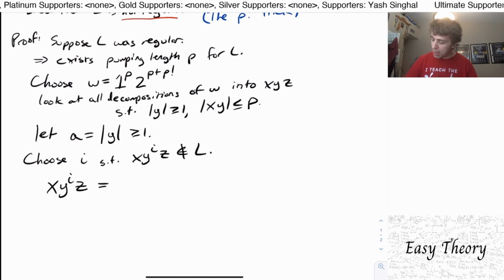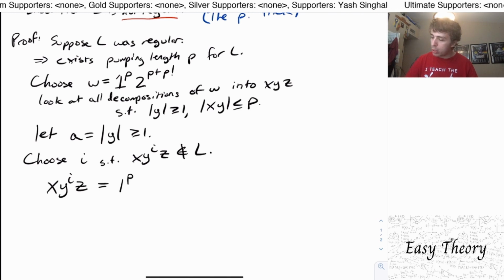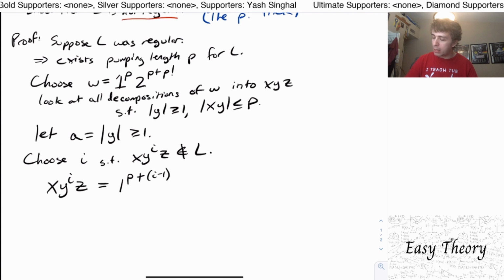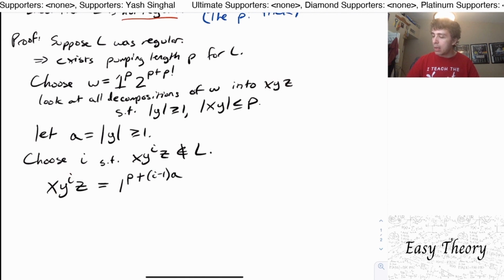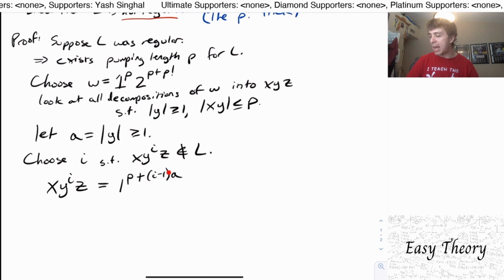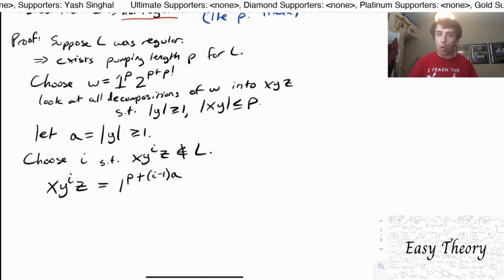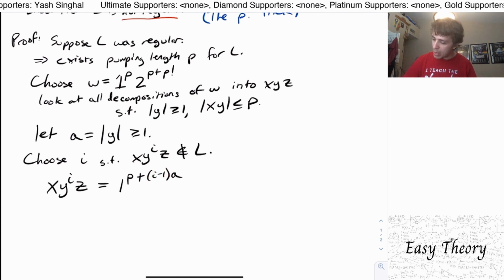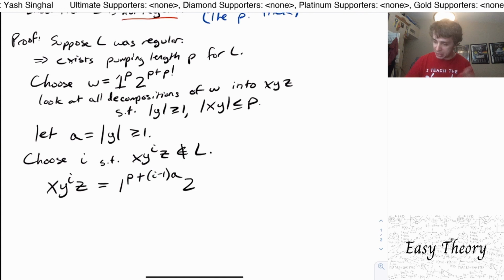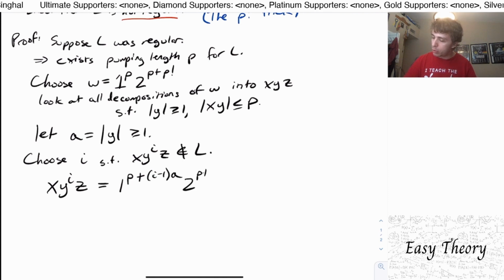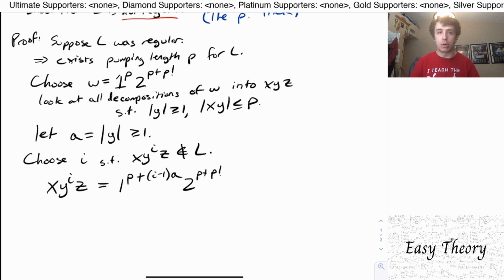Originally we had P ones to start with, and then we added I minus 1 times A ones into the string. Because we started out with one occurrence of Y, we now have I, and we are just adding I minus 1 more Y's into the string. And we never hit the run of 2's at the end, so there we still have P plus P factorial.